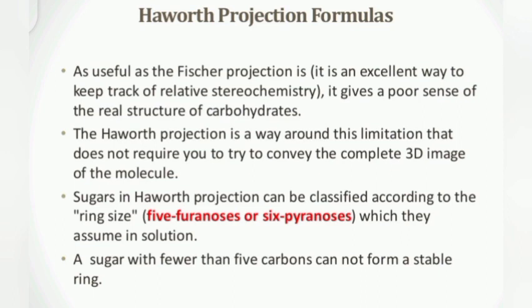Sugars in Haworth projection can be classified according to ring size, 5-membered furanoses or 6-membered pyranoses, which they assume in solution. A sugar with fewer than 5 carbons cannot form a stable ring.